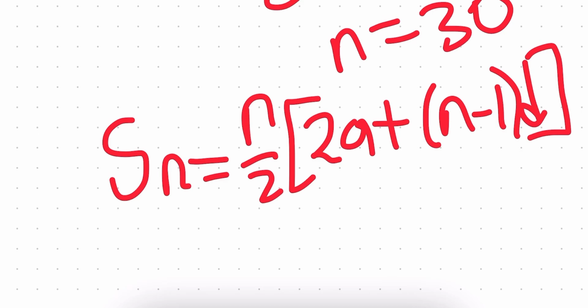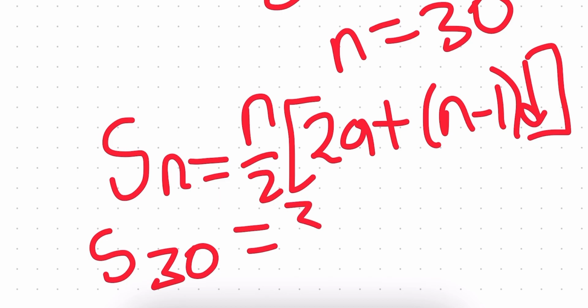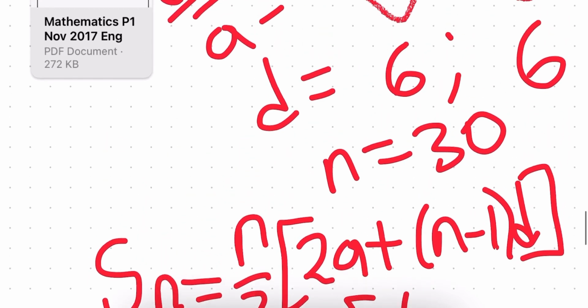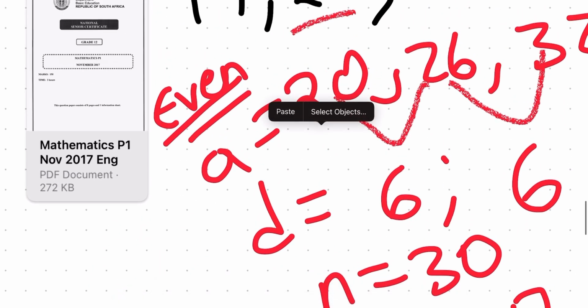So you know that your n is equal to 30. So it's 30 over 2 times 2 times, what's your a? Your a is 20, right? Let's go back and confirm. Yes, your a is 20. When you look at it here, it is 20.